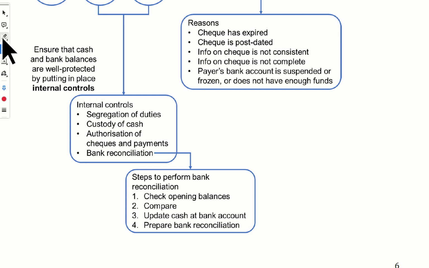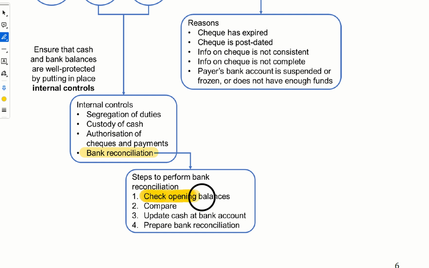One of the internal controls we looked at today was bank reconciliation. Bank reconciliation is an important internal control to make sure that the money in your bank account has not been stolen.